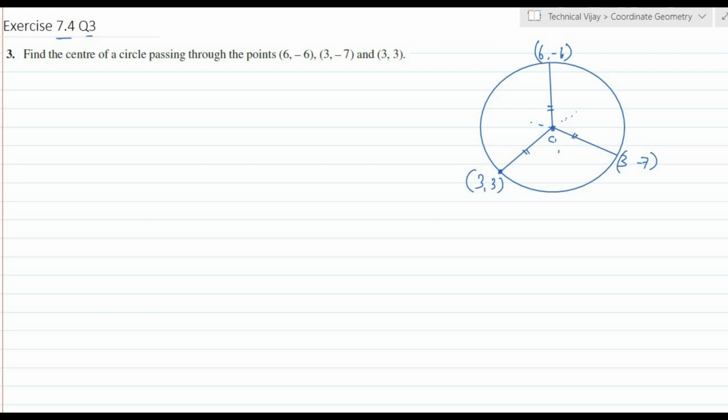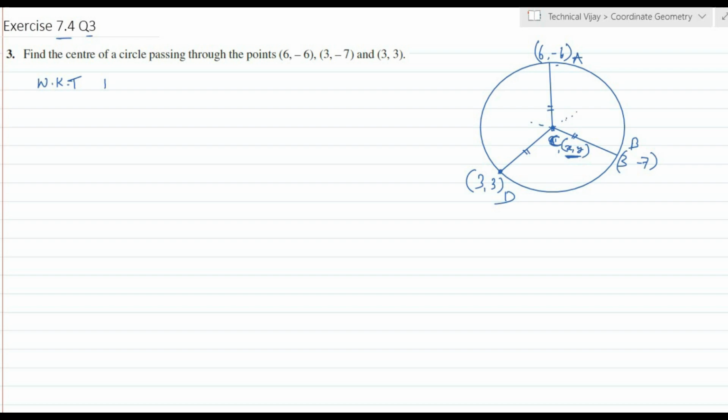So what we have to do is find the coordinates of C. How to calculate? We will assume the center as (x, y) and equate this length with this length, so that we can get the x, y coordinates. Let these be points A, B and D, and C is the center.